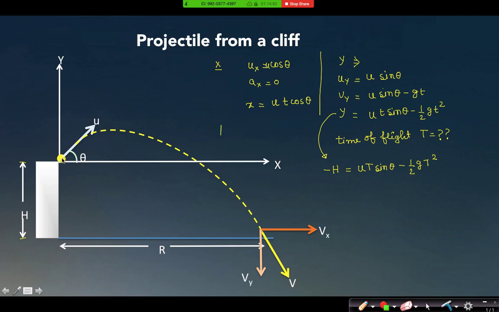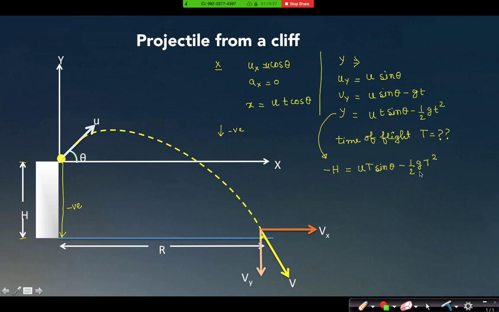If your initial position is here and finally you are at this point, should your displacement be positive or negative? Negative. That is why I have put a minus h. If you are unaware of the displacement, you can keep it only y, and if you know the time, you put the time. Finally, after that calculation you can find whether y is positive or negative.